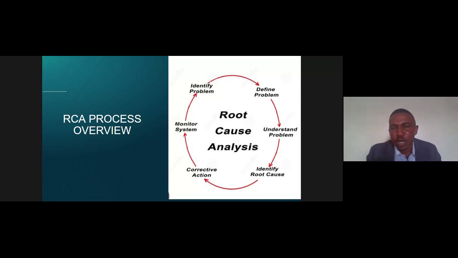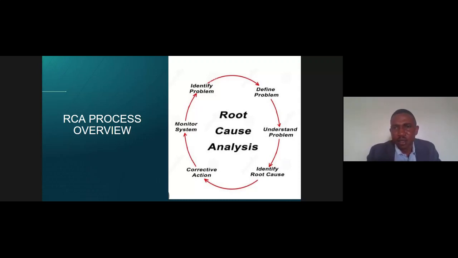It starts from identifying the problem. That is the first step. What is the problem? Having identified it, then you define it. It has to be clear, because one thing is to identify the problem, but if it is not clear what it is, then it becomes vague, and it will be very difficult for you to find the root cause. That is why you have to define the problem so that it can be made clear.